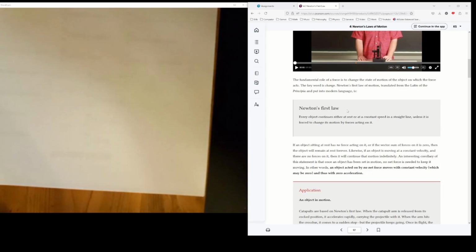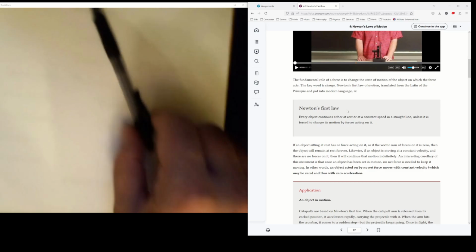Aristotle thought that the universe just tends to bring things to a stop. That was one of Aristotle's rules: whenever I slide stuff, it just stops. Maybe that's just the way the universe works.